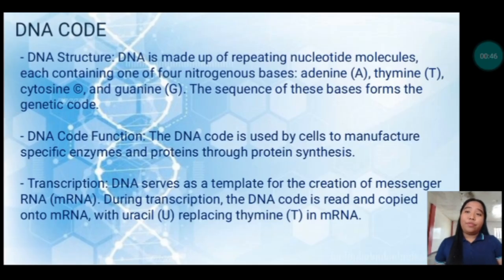DNA is made up of repeating nucleotide molecules, each containing one of 4 nitrogenous bases. So there are four letters in the DNA code: A, T, C, and G. A stands for adenine, T is thymine, C is cytosine, and G is guanine. So those are the instructions in DNA.